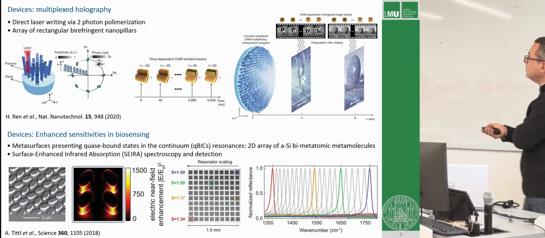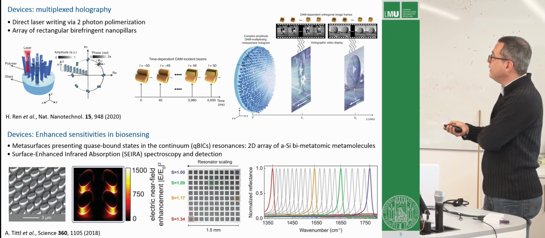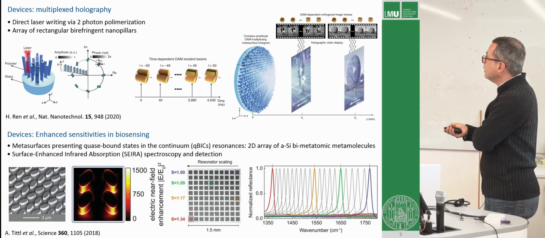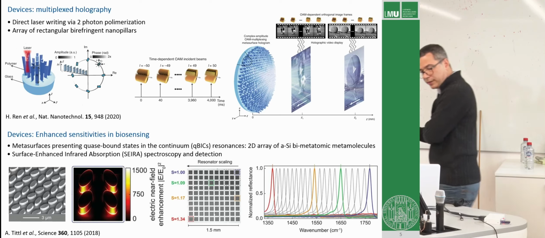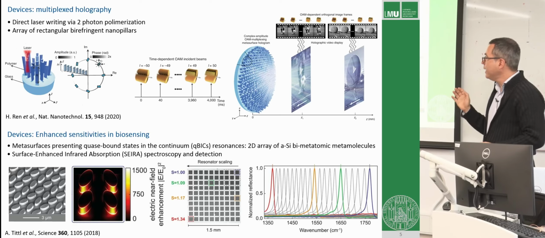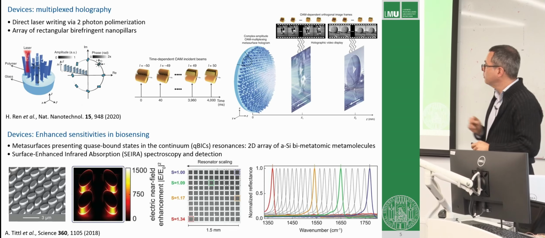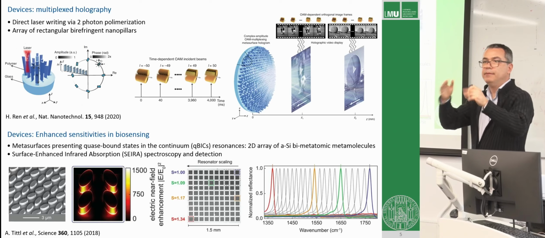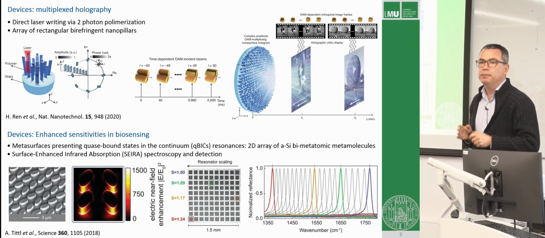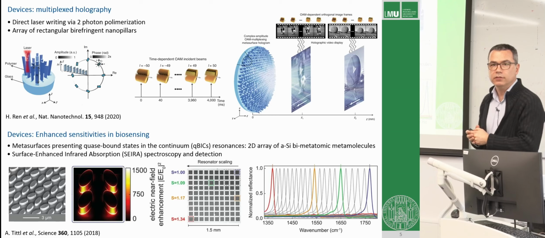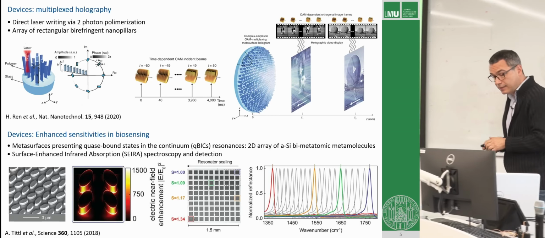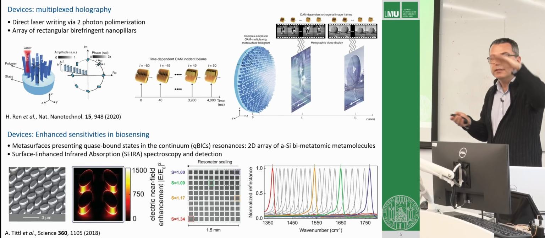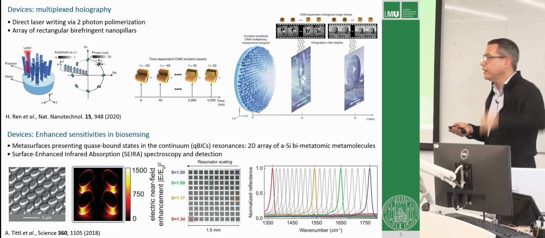Other kinds of devices are biosensors with enhanced sensitivity, and in this case these silicon metasurfaces have been constructed, but they also bring another aspect to the problem, which is the following. These pair of tilted ellipses, they present what people call the quasi-bound states in the continuum, and these are resonances that come from the interference between a continuum of states and discrete states.